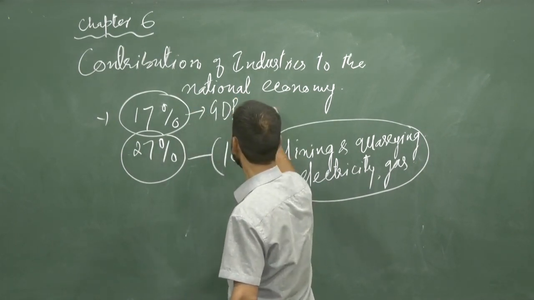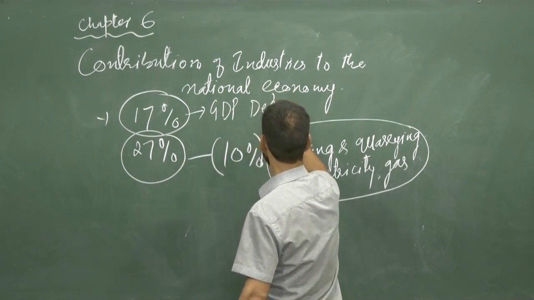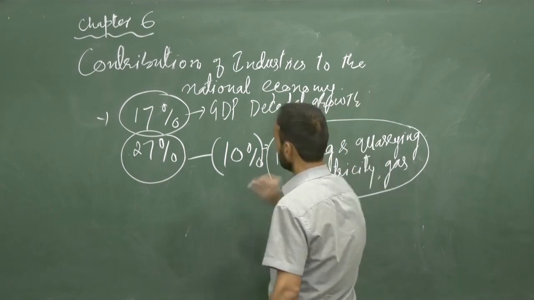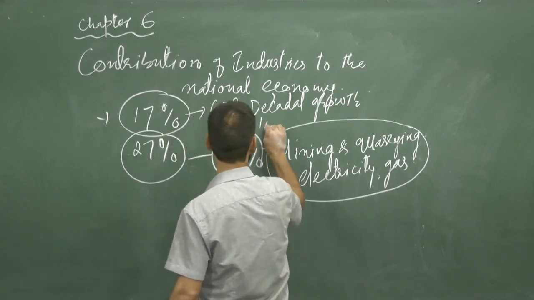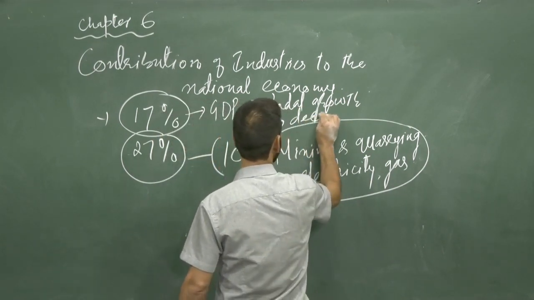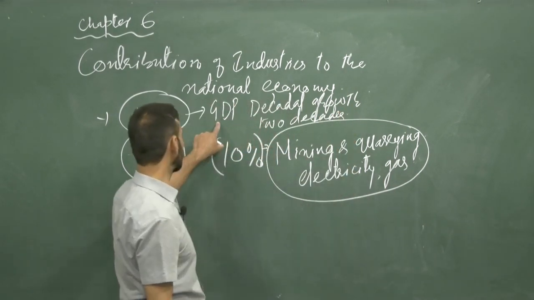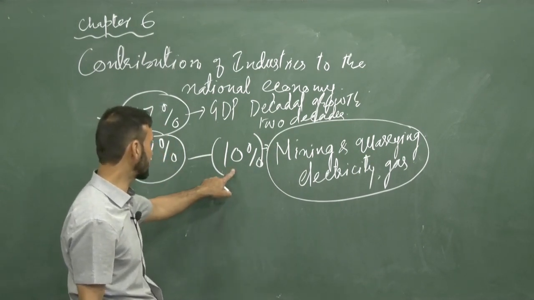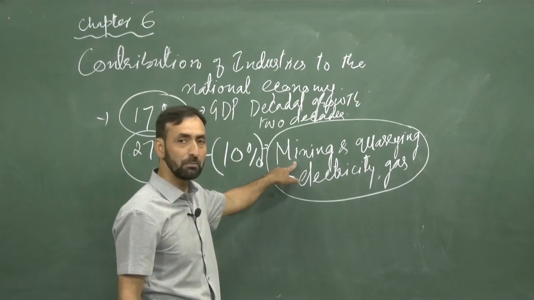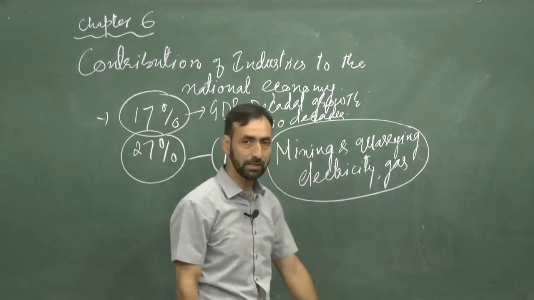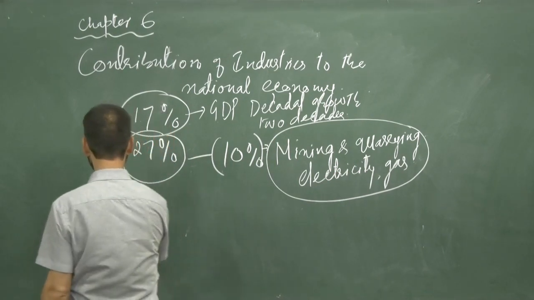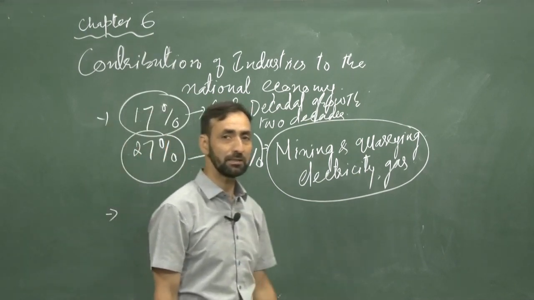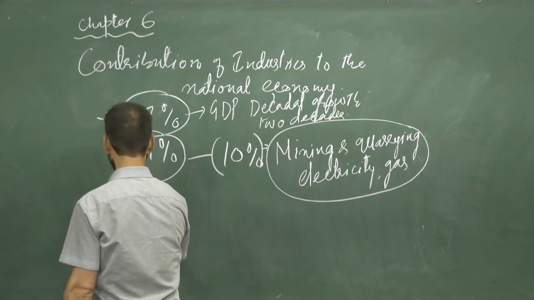This is the decadal growth rate. For 2 decades, the growth rate of India remained 17% out of 27%. This 10% is the profit of the primary sector, particularly mining, quarrying, electricity and gas. In this way, this GDP of 2 decadal growth is less than the East Asian economies.